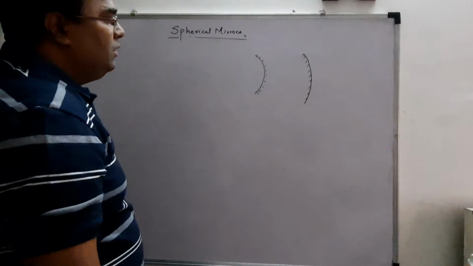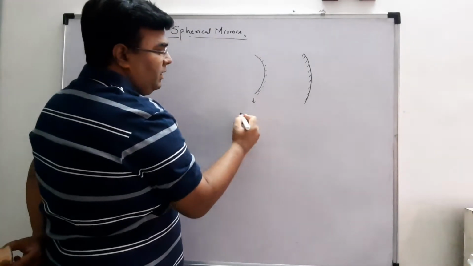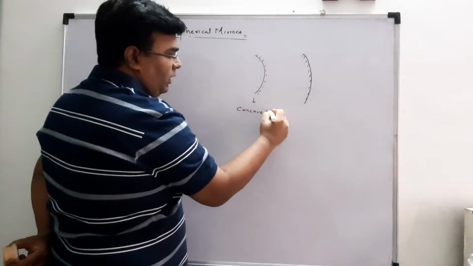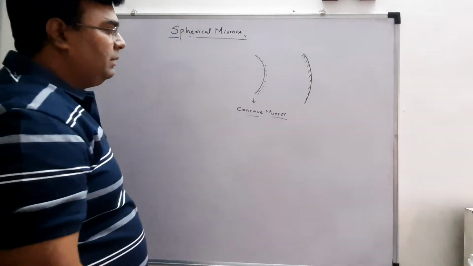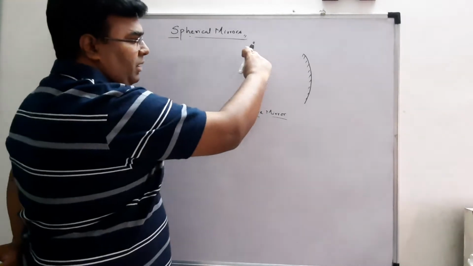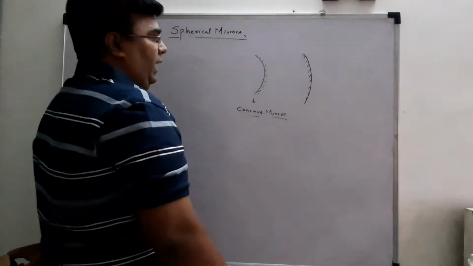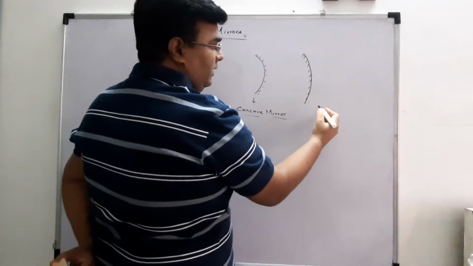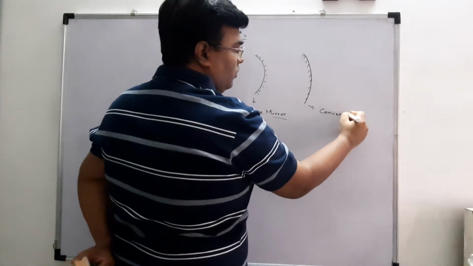When we polish from outside, this mirror is called a concave mirror. Remember the word cave. This mirror is forming a cave. And when the polish is inside, it is known as a convex mirror.